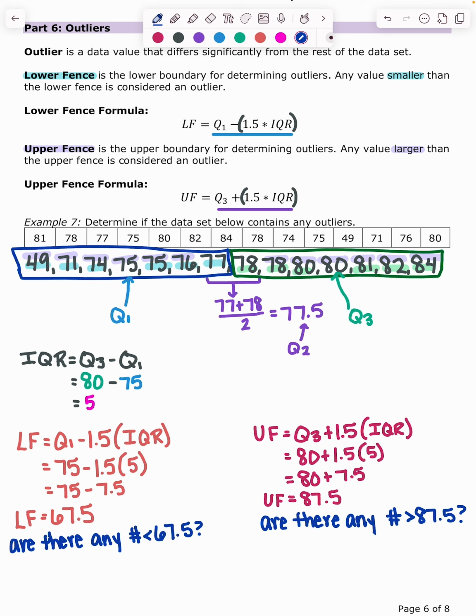Our biggest number was 84. So no, there are no numbers bigger than 87.5, so we don't have any outliers on that side. But if I look at the other side of my data set, I have 49, and 49 is less than 67.5. So 49 is an outlier.